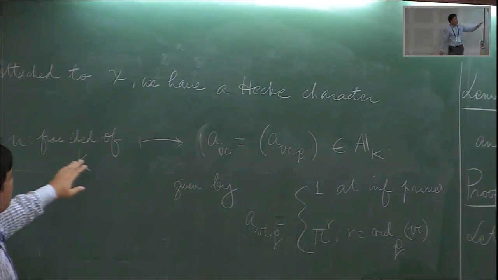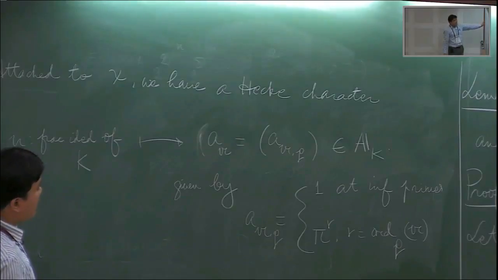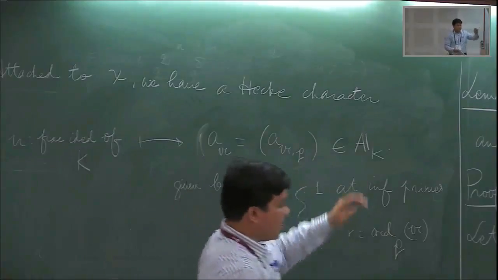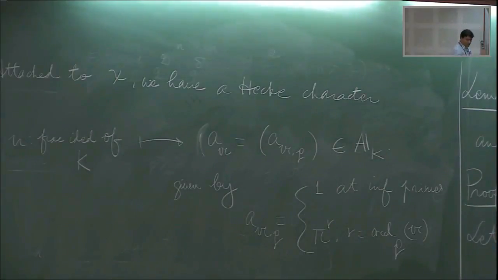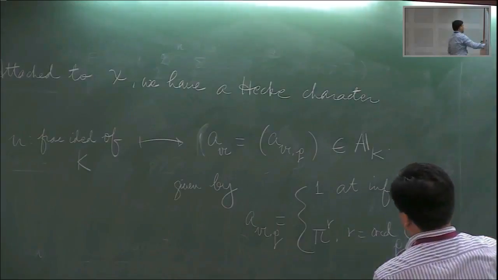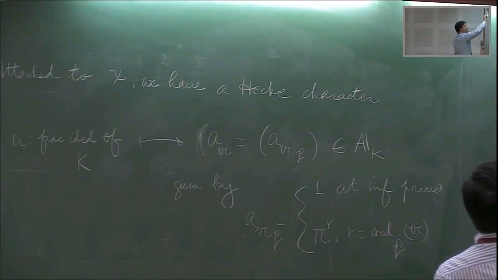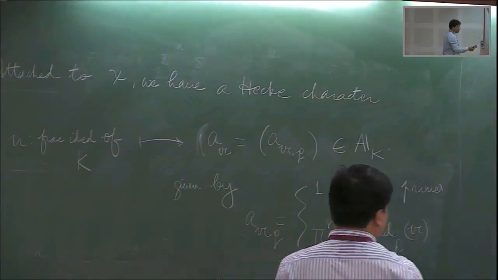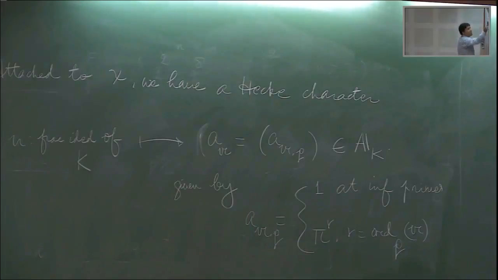So attached to A, I have attached an element in the ring of adeles. Then the remark is that this element, as you see here, is not well defined. That's why I have not given a map as such. But the value of the algebraic Hecke character on each one of them is well defined.